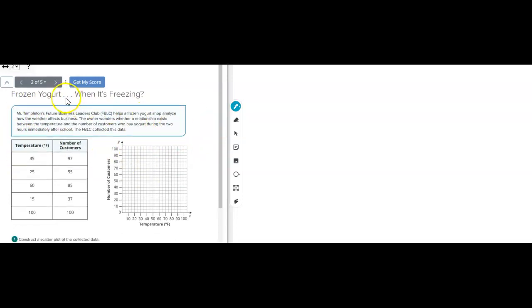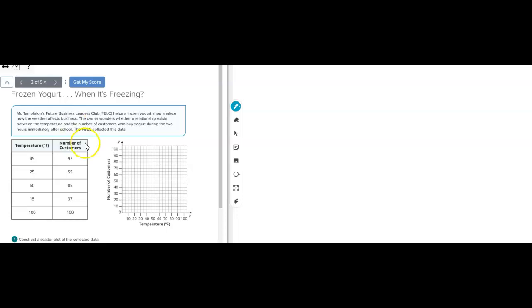So the scenario that we're looking at is a club of students who are studying business, and they're studying whether weather affects the number of customers that come into their frozen yogurt shop. So they're wondering if, when the weather gets hotter, they'll have more customers.